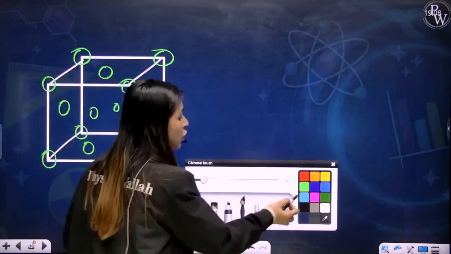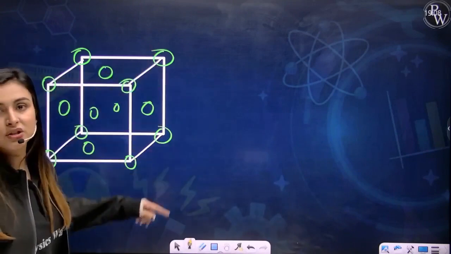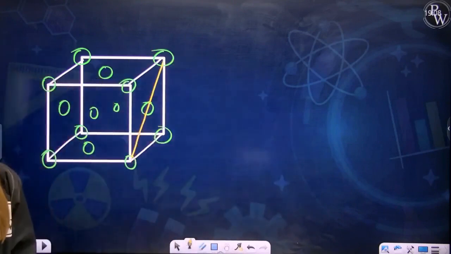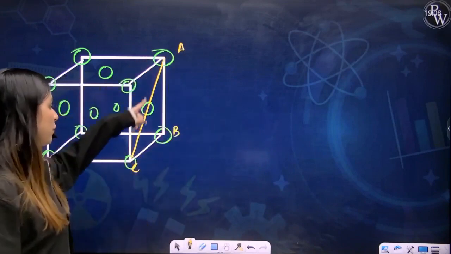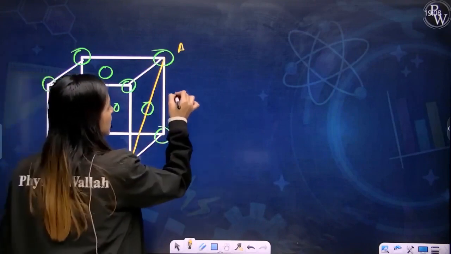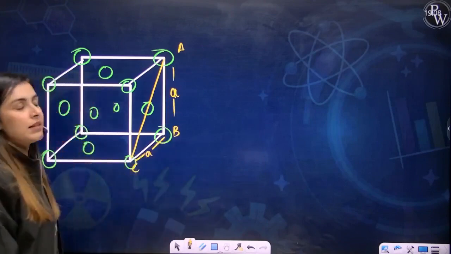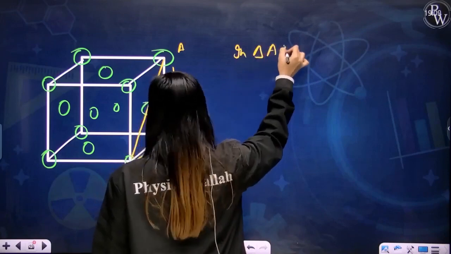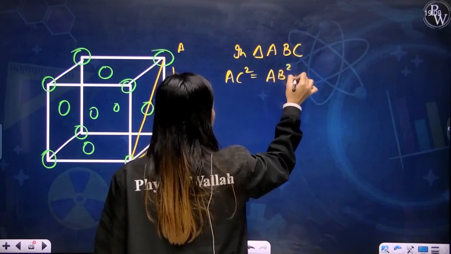So this time the atoms will not be in contact along the edge. They will be in contact along this face diagonal. So if I say that this is A, this is B, this is C, I need to find out the length of this particular face diagonal. So this distance is a, and this distance is also a. So can I say that in triangle ABC, AC square will be equal to AB square plus CB square.